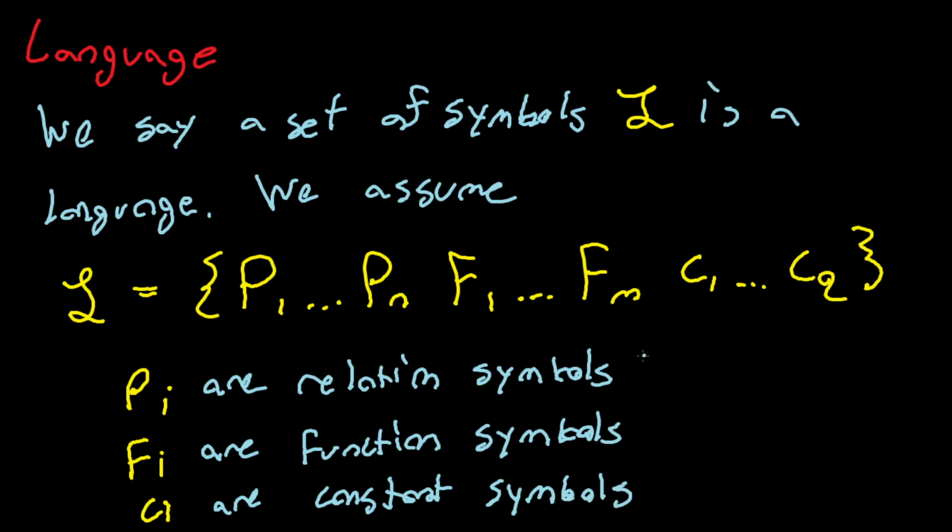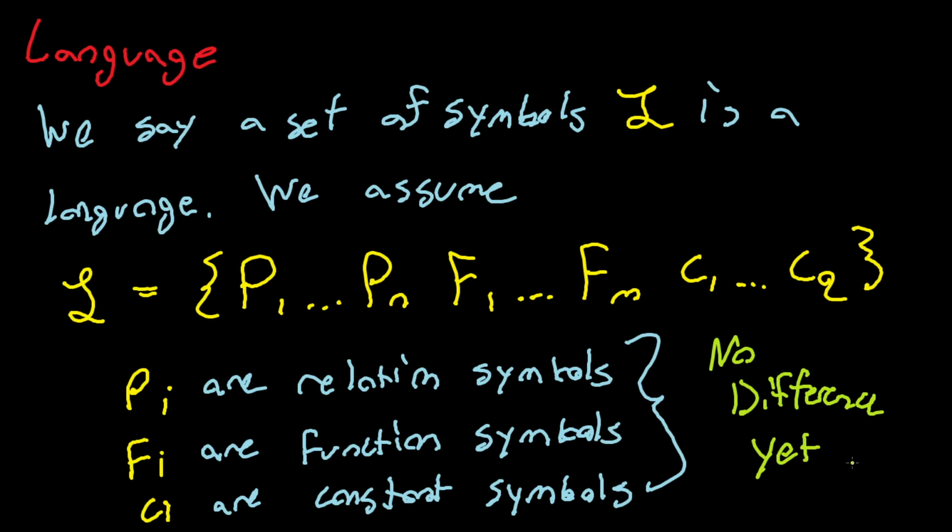And so far, we have no difference between these. It's just a name and a type; I haven't told you anything about them that is different, but I need to categorize them in these three ways so that when we recursively define our syntax, I have three different types of things so I can give them different rules. Okay?